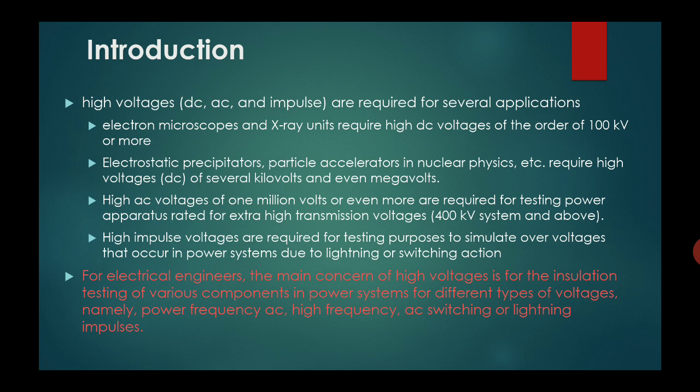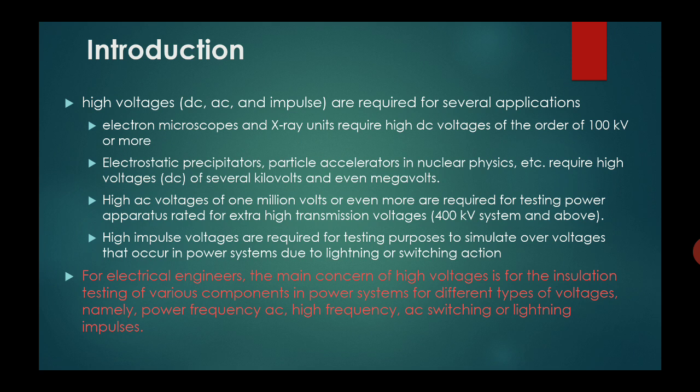Now for electrical engineers, the main concern of high voltages is insulation testing of various components of the power system for different types of voltages, namely power frequency AC, high frequency AC, switching or lightning impulses. So for us electrical engineers, it's basically all kinds of insulation testing. The voltages applied for the testing can be of different types.